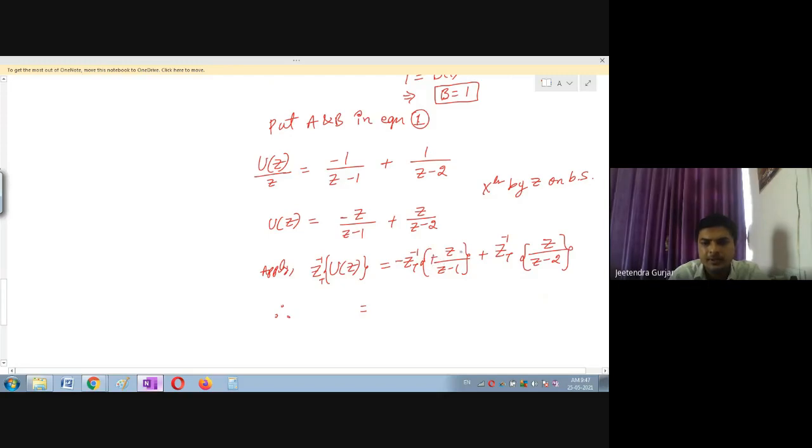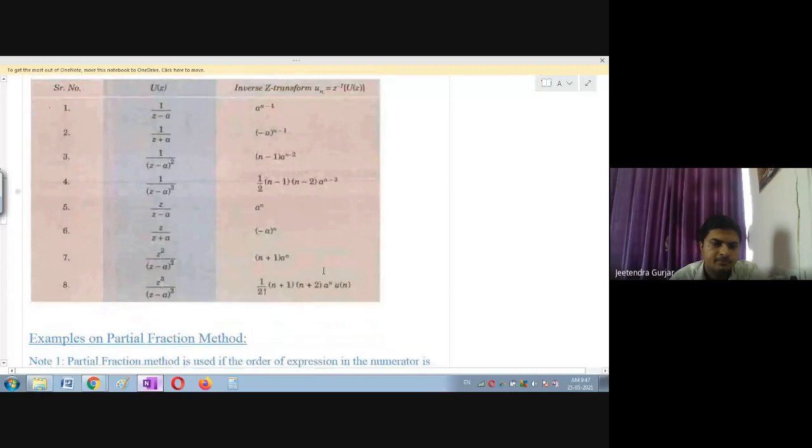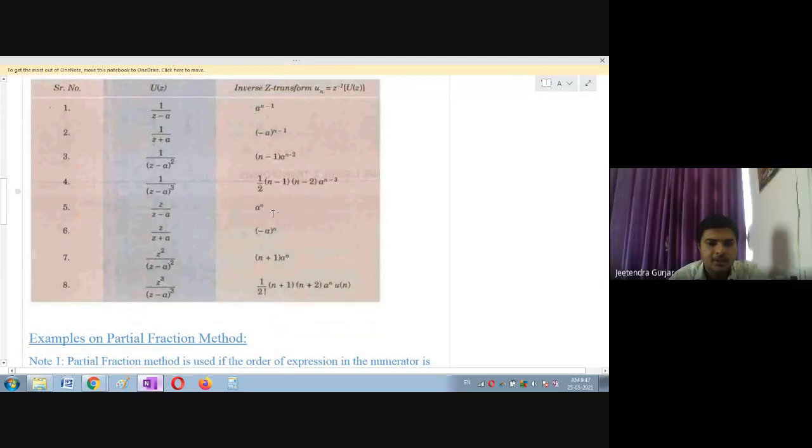Can anybody tell me which formula I have to use here? Please go to the formula list. A raised to n. Yes, beta, you are right. Very good. Z transform of A raised to n is equal to Z divided by Z minus A. So inverse Z of Z divided by Z minus A is nothing but A raised to n.